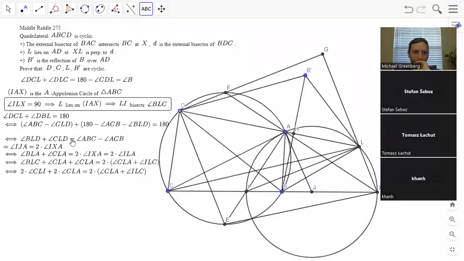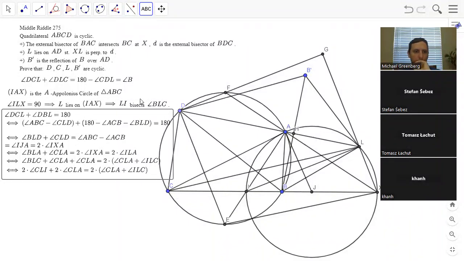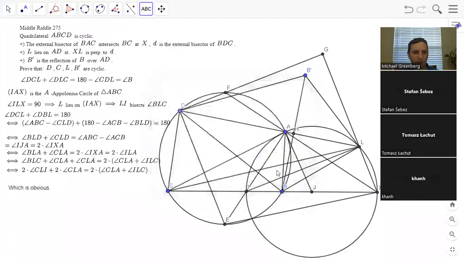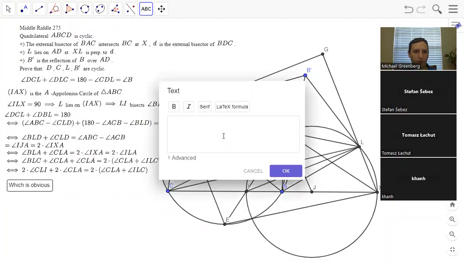And we have this. So once we have that, I'll say this last line, which is obvious. And then this means that angle DCL plus angle DB prime L equals 180.